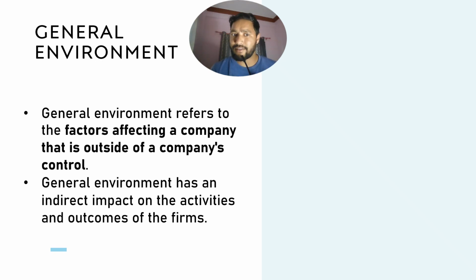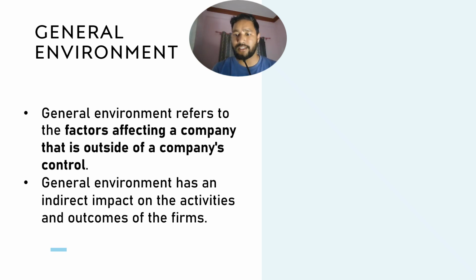But in case of general environment, they are broad factors such as political factors, economic factors, legal factors, socio-cultural factors. They affect all the organizations in the country or in international organizations. Thus, these factors indirectly affect the activities of a firm.